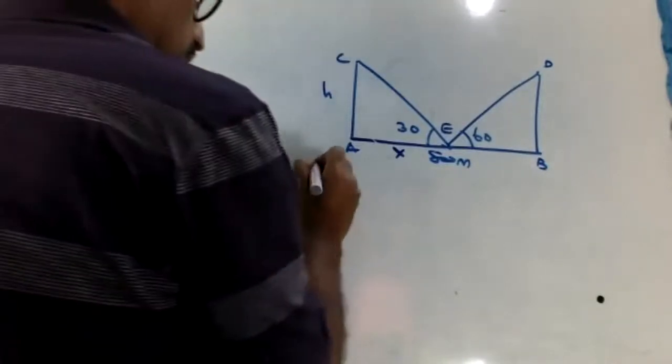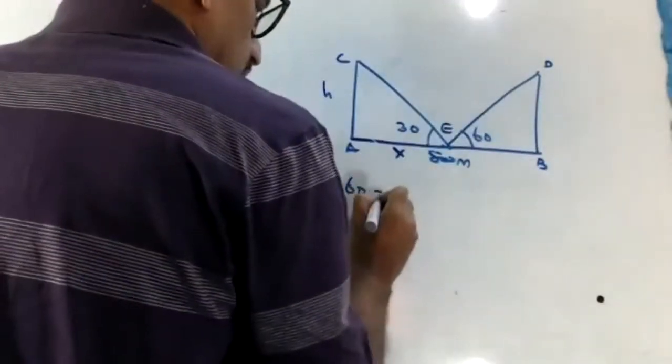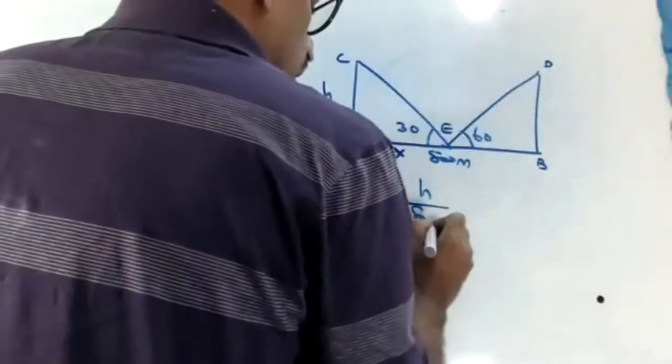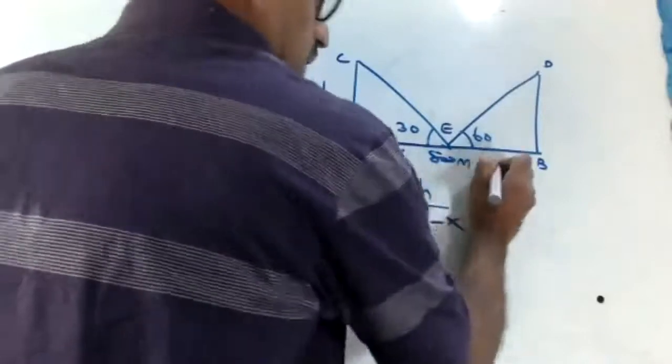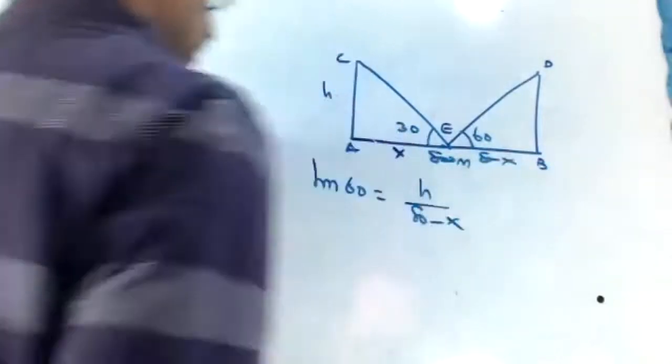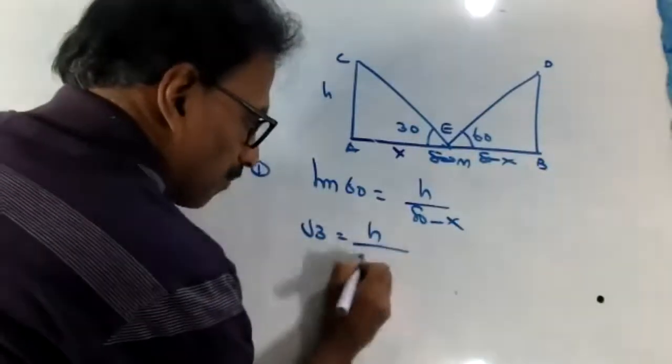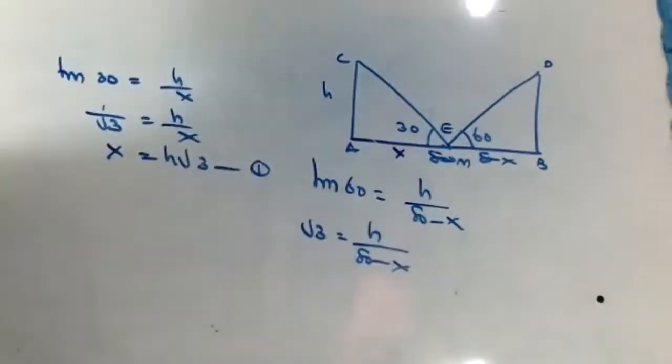Then tan 60 equals H by 80 minus X. This is 80 minus X. So root 3 equals H by 80 minus X.